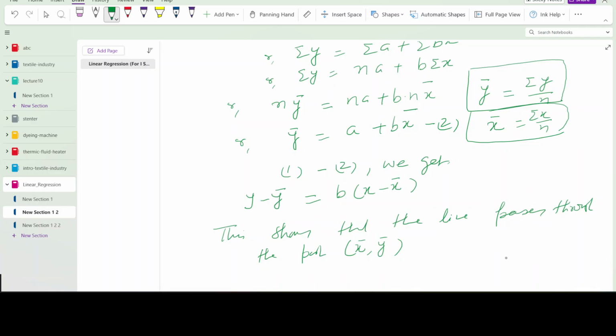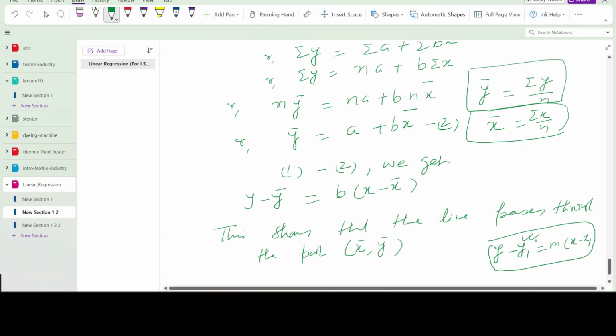You are aware that the equation of a straight line passing through some point x1, y1 is given by y minus y1 is equal to m into x minus x1. Here we have x bar, y bar, so the equation of the straight line will pass through x bar, y bar. So it is a very important result. This shows that the least squares line always passes through the point x bar, y bar.